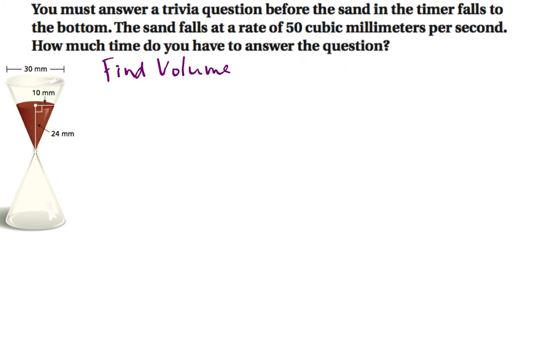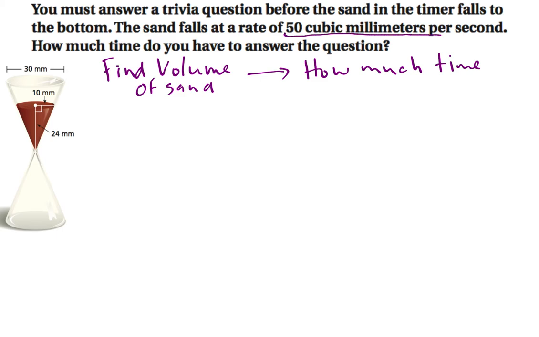Once we find the volume of the sand, we need to find out how much time. And to find out how much time, we are going to have to use the unit rate they gave us of 50 cubic millimeters per second. That is going to become part of that.